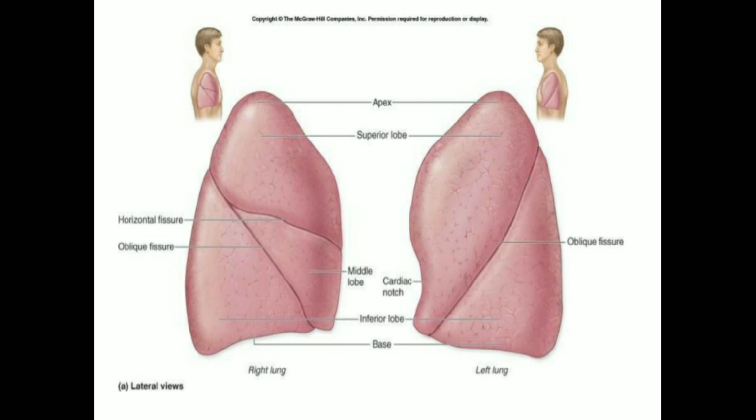The lobes are named the upper or superior lobe, the middle and the inferior lobe, whereas the left lung is divided by an oblique fissure into upper (superior) and inferior lobes. So remember, right will have three lobes, left will have two lobes.